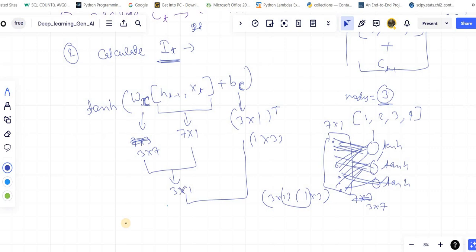But it should not go 3 by 3, 3 cross 1, this one if I make 1 cross 3, so 1 by 3. One second.